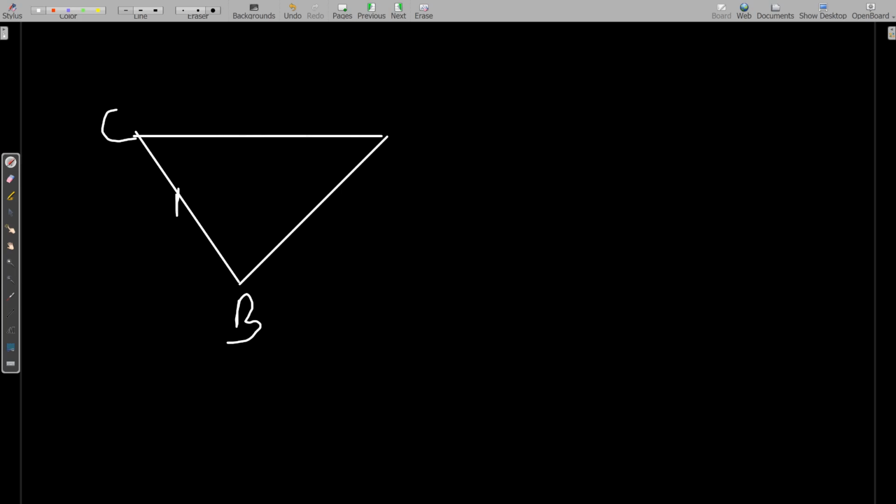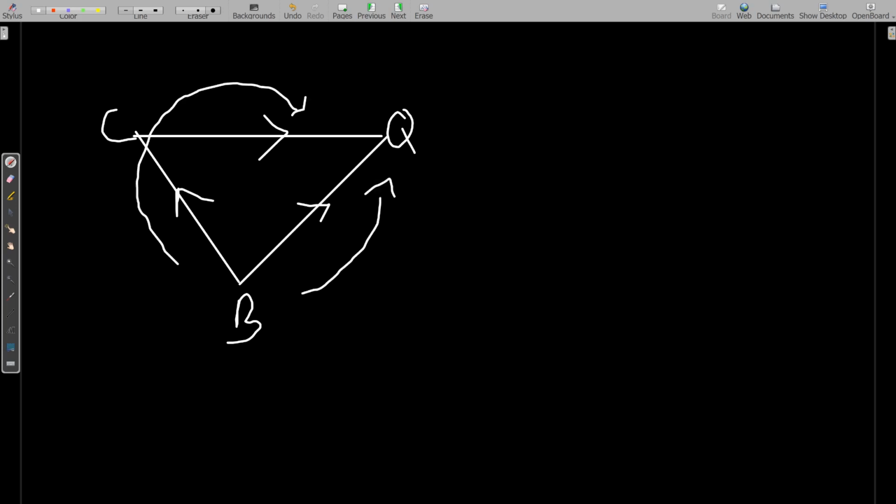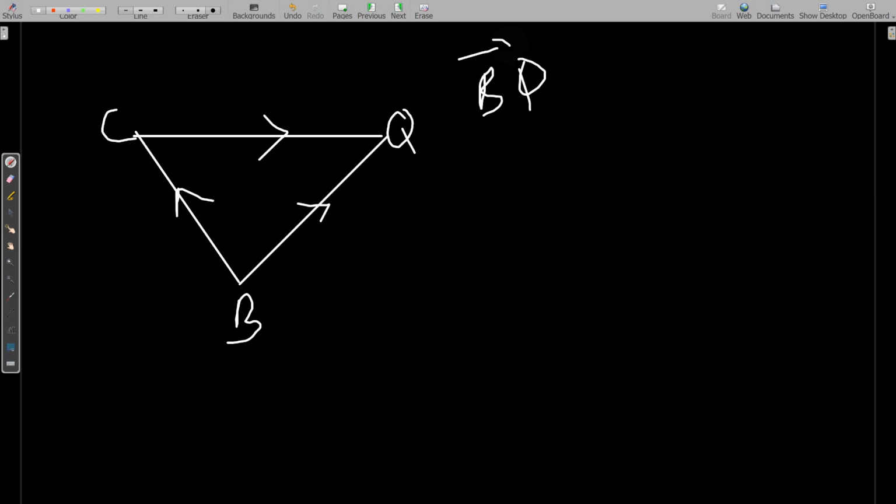Let me just show it from here. Let's use this triangle. I said we'll use BC, BQ, and CQ. In this diagram, you can see that these arrows are going this way, and only this is going that way, which is counter to them. So that means our BQ here should be equal to BC plus CQ.